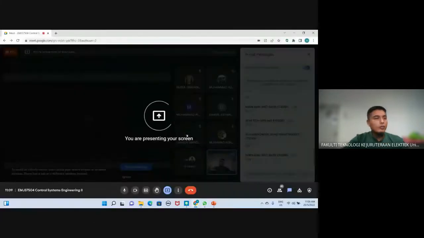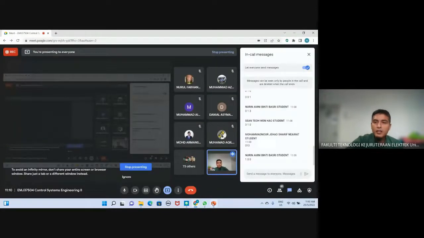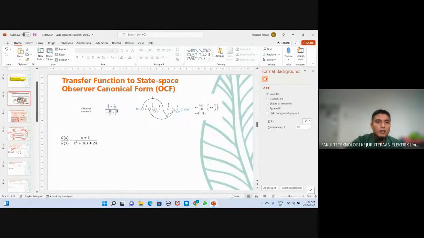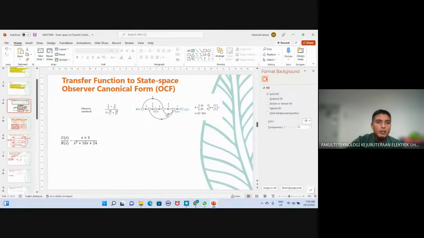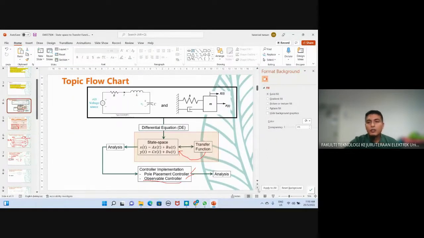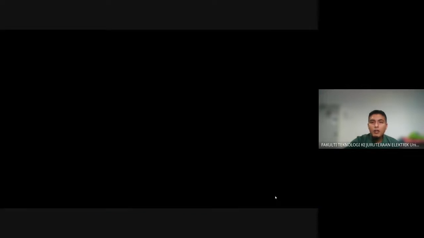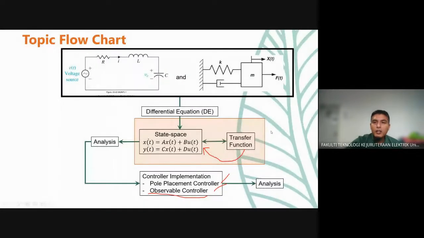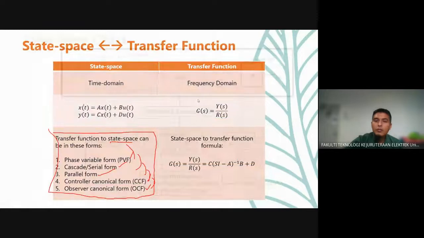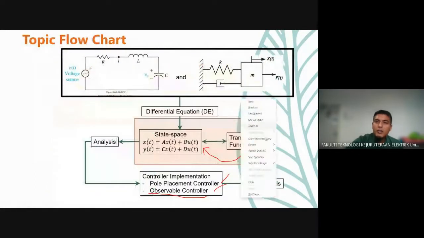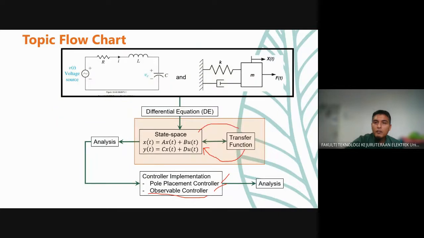Okay, so now done for converting this part. So far we already discussed how to convert the state space to transfer function and how to convert the transfer function to state space.